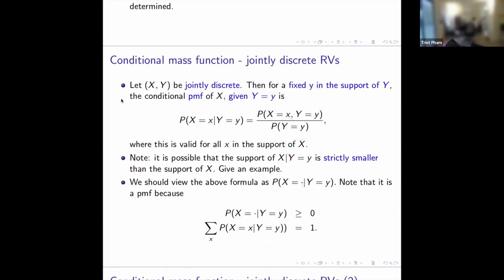That's just a definition of how you calculate it. But Y is supposed to be fixed, Y is supposed to be known, X is the changing one. So all in all, this is the one that we look at as a random variable for a fixed Y. When we sum over all X values, we get 1. So it's a proper PMF, probability mass function, for jointly discrete.